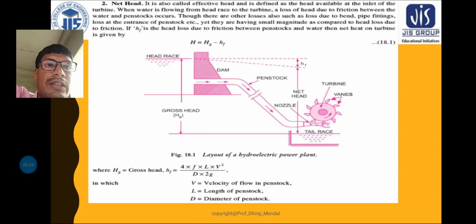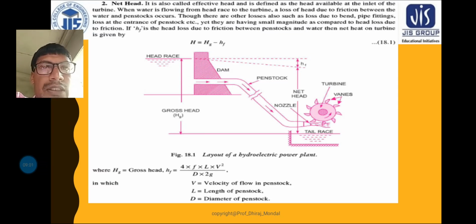Whenever this water enters the penstock, it is allowed to come out from this nozzle. Here you can see this is the nozzle. So the fluid comes out with high velocity, and that is nothing but kinetic energy.